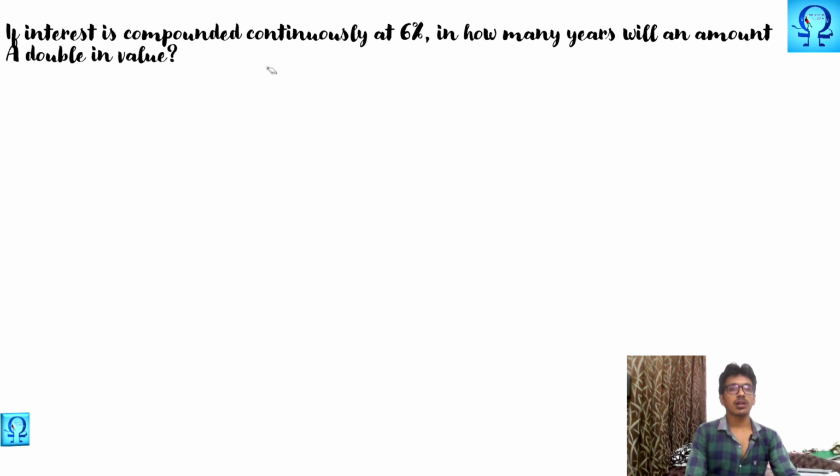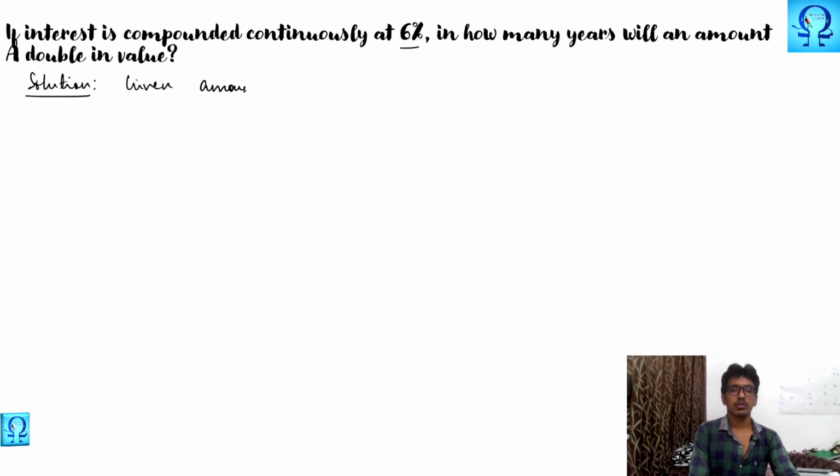If interest is compounded continuously at 6%, in how many years will an amount double in value? Okay, so let us start the problem. Given: amount doubles when interest is calculated continuously.